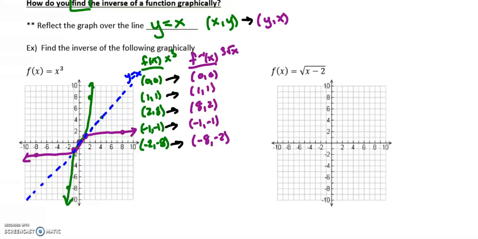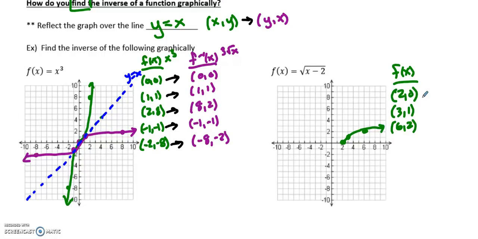For my second example, I have the square root of x minus 2, which is a square root that's been moved right 2. So for f of x, I have (2, 0). Now you could find some more of these by plugging some values in or tracking some important points. I'm just going to state what they are: (3, 1), (6, 2), and I think that's all of them that I can fit onto this graph right now. So there's my original function, f of x.